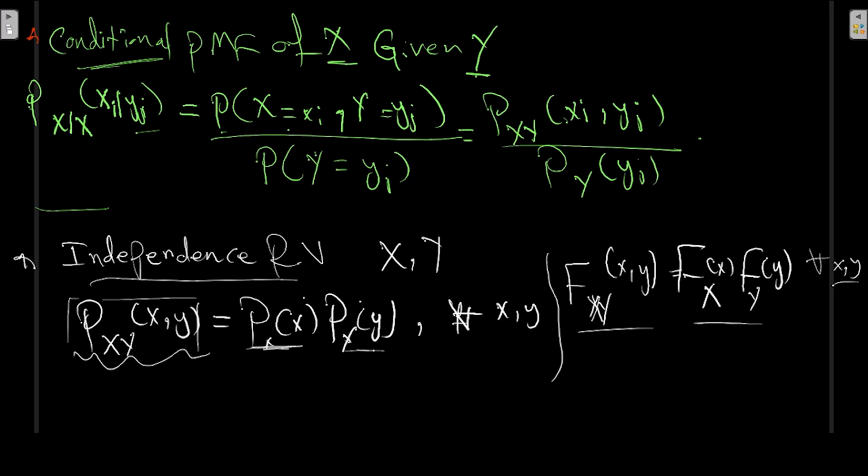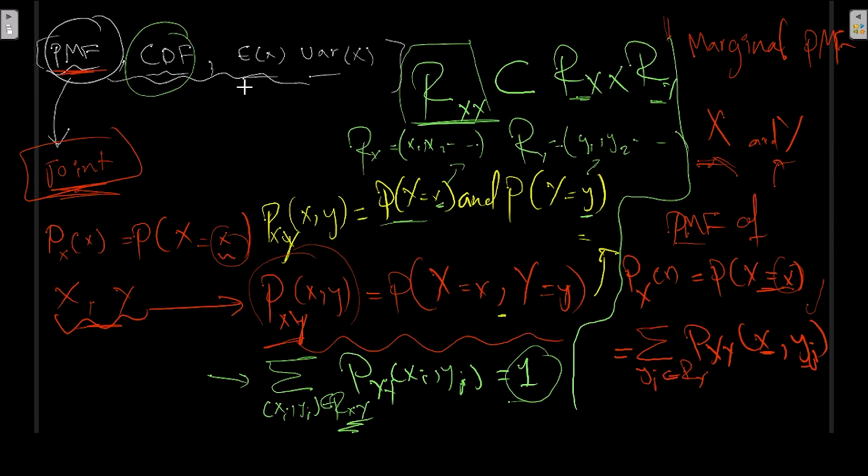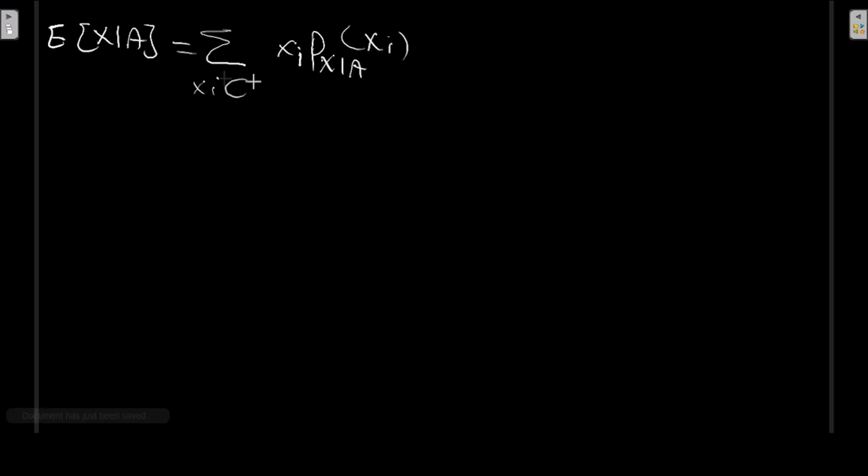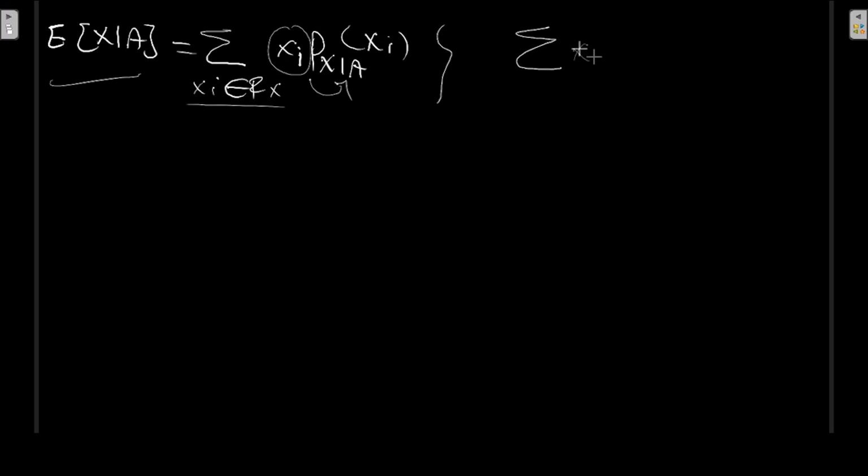Now, the last thing we need to remind you of is the conditional expectation. Expectation means, as we targeted from the beginning, the expected value of X and the variance of X. So basically, the expected value of X given event A is equal to the sum of xi multiplied by the probability mass function of that xi. xi should be in the range of X. When we did it in the univariate case, we were taking the sum of xi multiplied by the probability mass function, or f of x, if you remember.